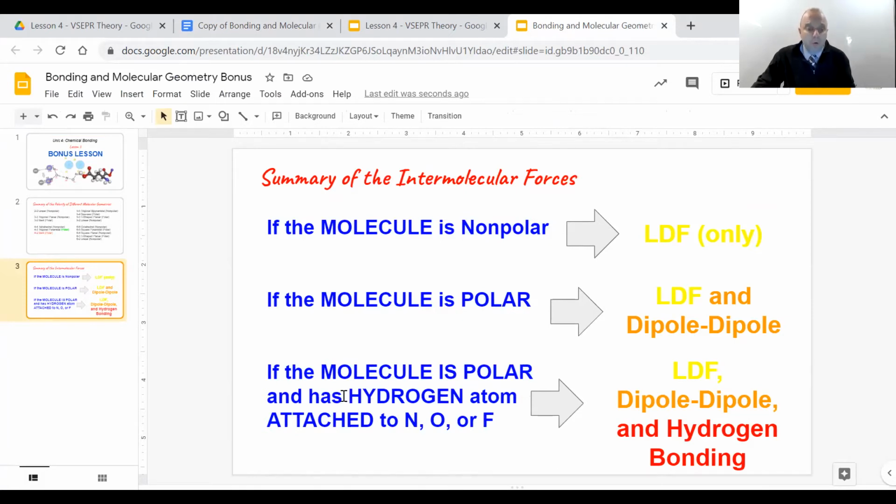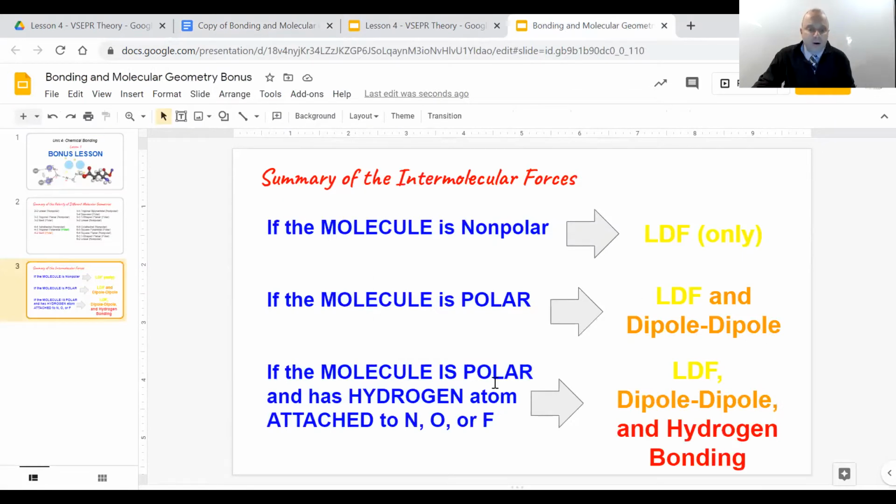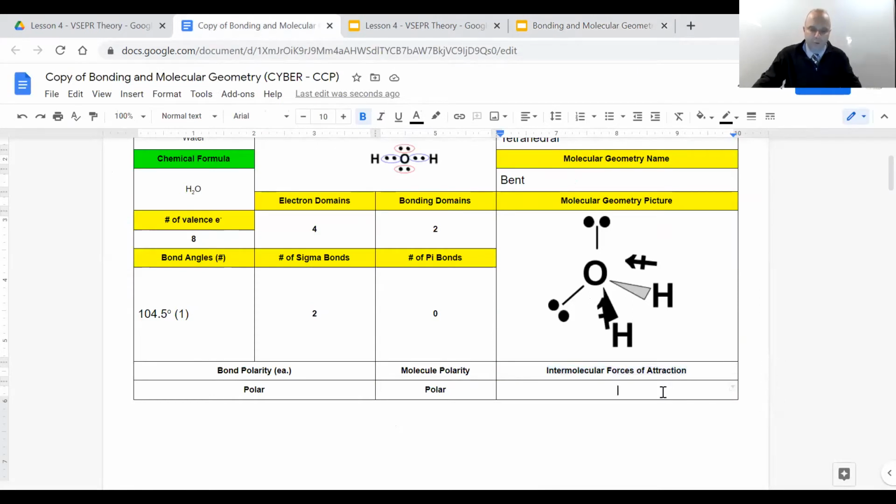If the molecule is polar and has a hydrogen attached to N, O, or F, well, that's exactly what we have. We have a hydrogen attached to O. So in our case, we're going to write down all three of these: LDF, dipole-dipole, and hydrogen bonding.